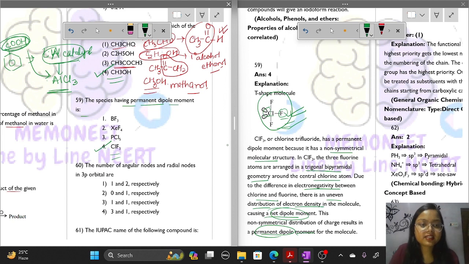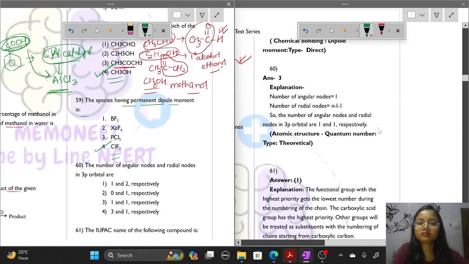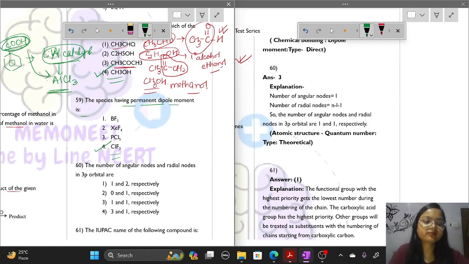Next is question number 60. The number of angular nodes and radial nodes in 3p orbital are... So in 3p orbital, we know that the number of angular nodes is L. Yes, it is L. And we know that the number of radial nodes is n minus L minus 1.